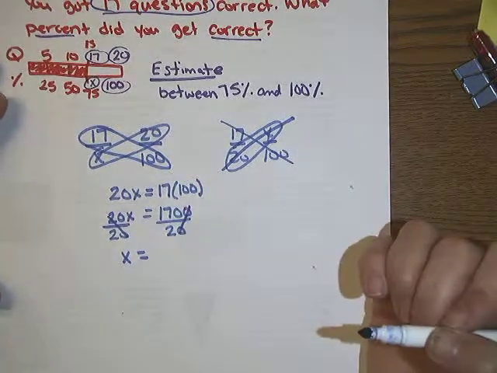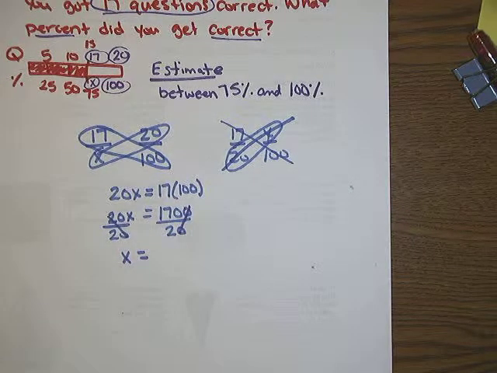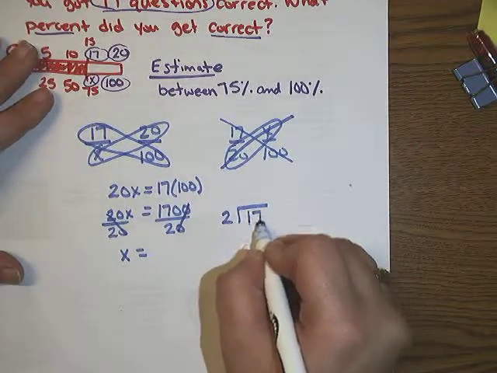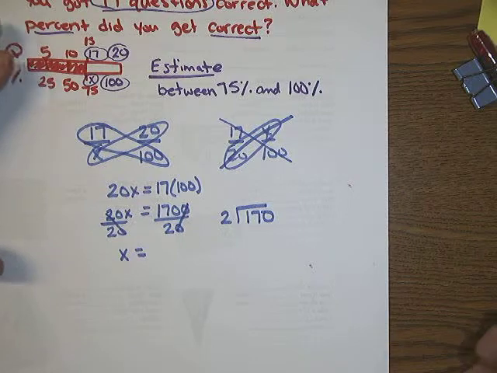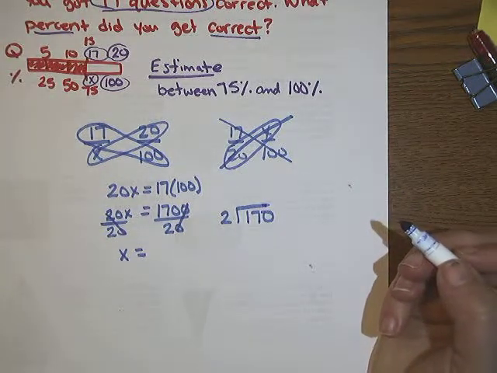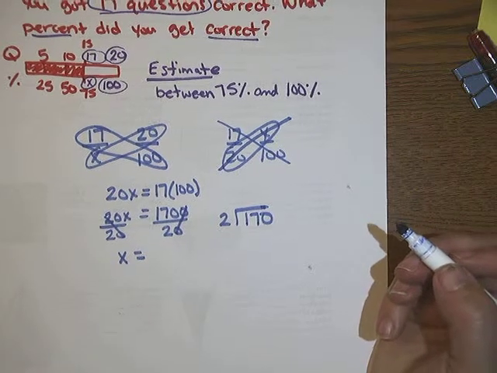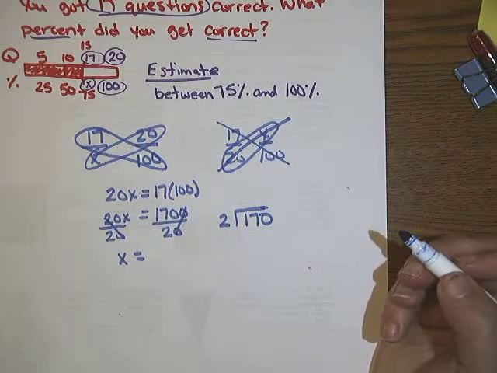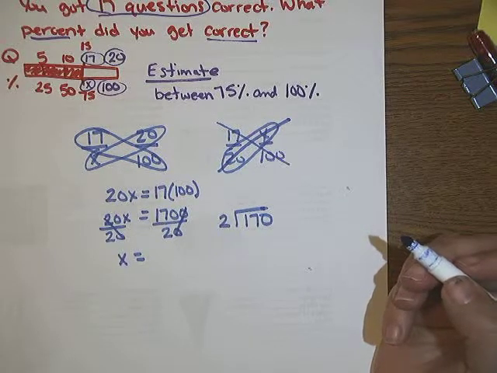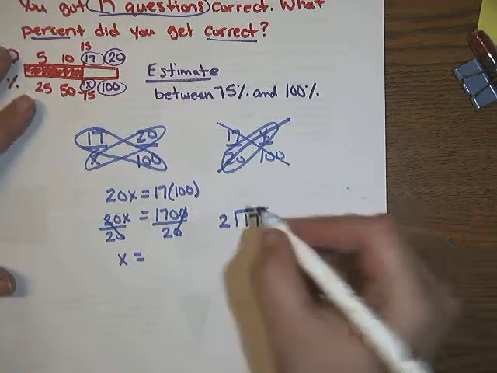Now, can I simplify this before I divide? They both end in a 0, so what can I do? I can divide by 10 to get rid of them. So now I'm really just dividing what? 170 by 2. Go ahead and do that for me real quick. And everybody's dividing. Not waiting for me.